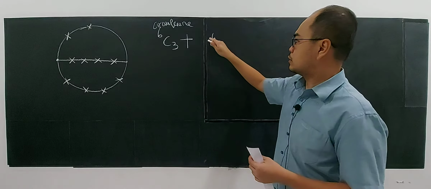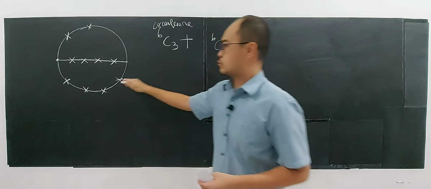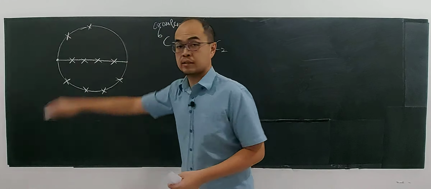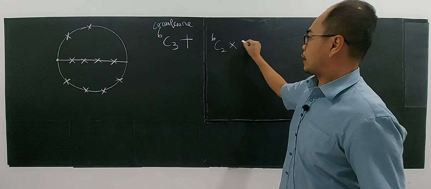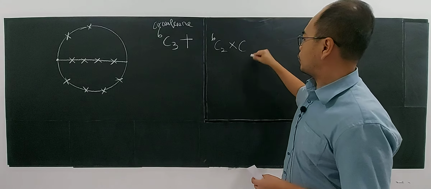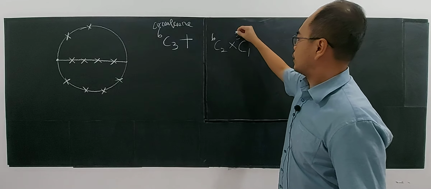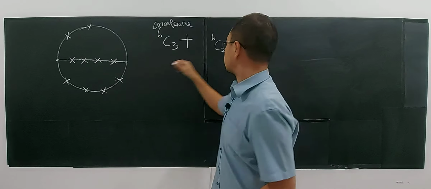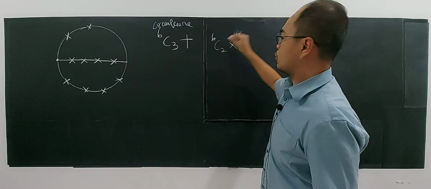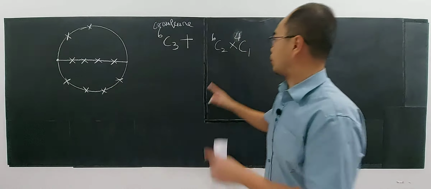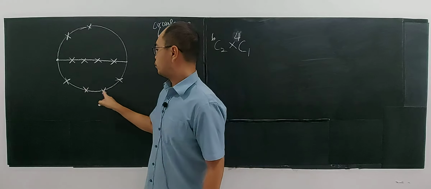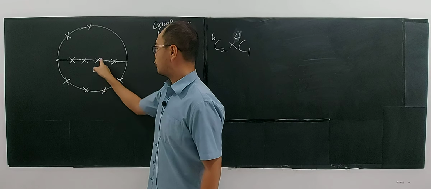I'm going to write down 2 from the 6 points on the circumference, and another one point from the diameter, which has 4 points. 4C1, 4 points, 1 point. So you see, any 2 points with 1 point on the diameter, you can form a triangle.